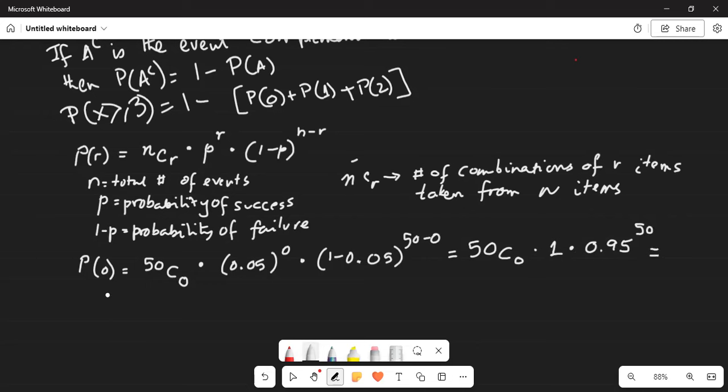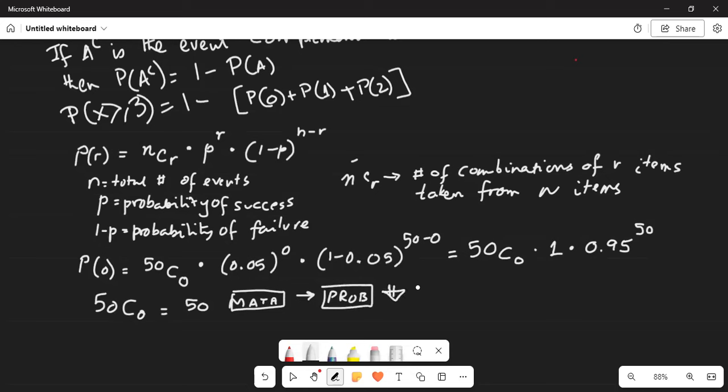So the first thing, let's find out 50C0, the combination of 0 items taken from 50 items. First we'll type 50. Then we will press the math key. Then on the top row, we will highlight PROB, which stands for probability.